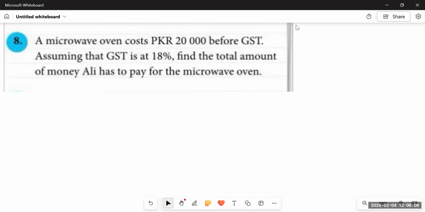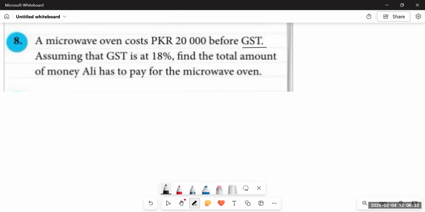But in this question, you will see that there is a GST. GST is a type of tax, right? For example, if you go to some restaurant and have dinner there, whenever you get the bill, you can see that there is an amount that you have been charged for whatever meals you have been offered, right?